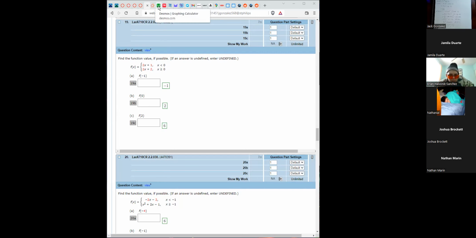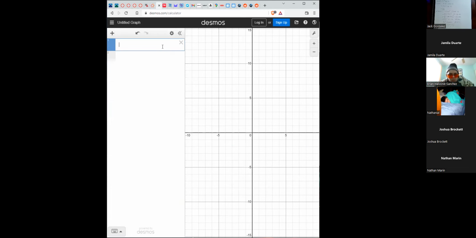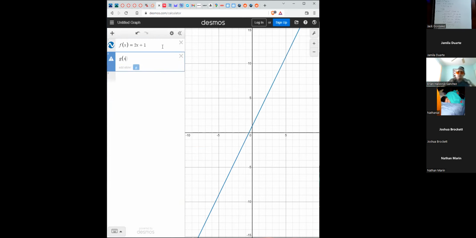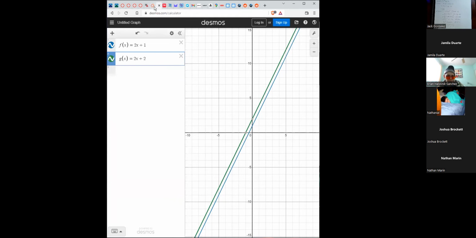Okay. 2x plus 1, 2x plus 2. So think of them as 2 separate functions. Okay, that's what it was. 2x plus 1 and 2x plus 2, right? Yeah.